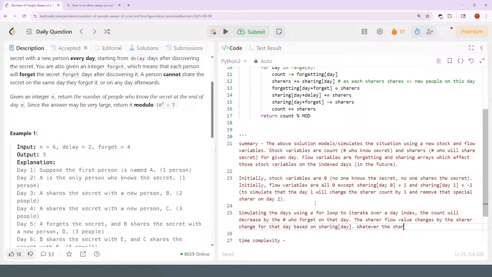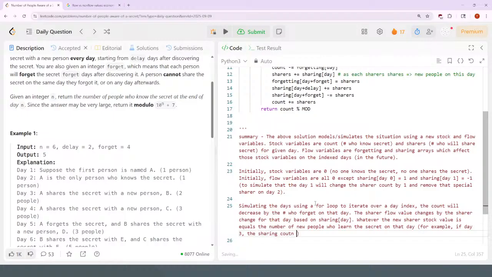Whatever the new share stock value is equals the number of new people who learn the secret on that day. For example, if day 3 the share stock is 5, that means the 5 shares will cause 5 more people to learn the secret.